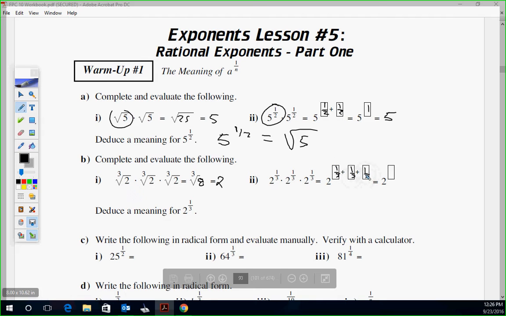I have 3/3, a whole 2. Adding fractions, that's all we're doing there. They have a common denominator already. So deduce the meaning for 2 to the 1/3. 2 to the 1/3 is equivalent to cube root of 2. So we're setting the stage for what fractional exponents are.